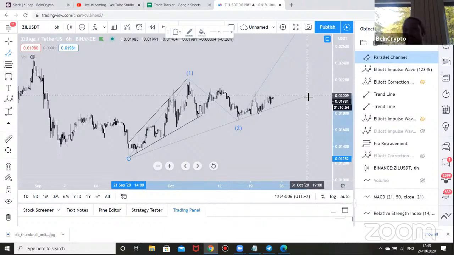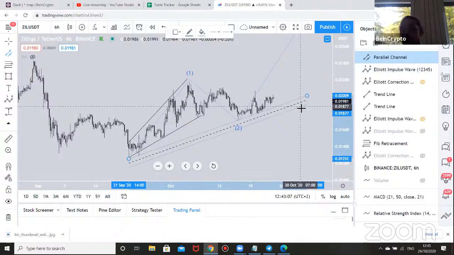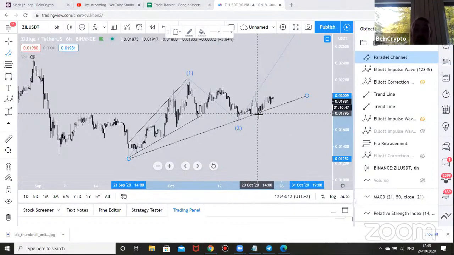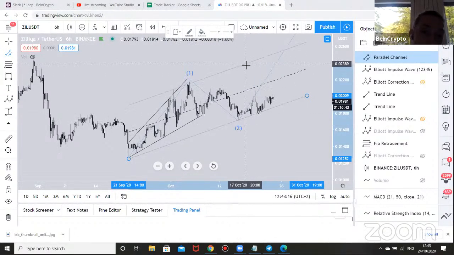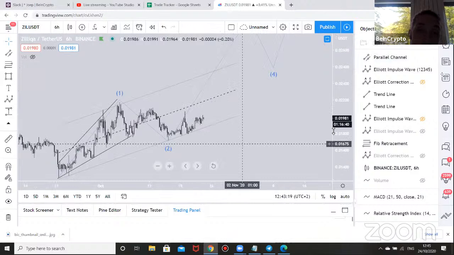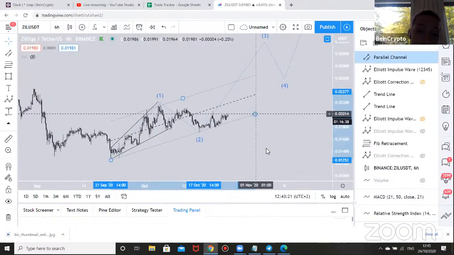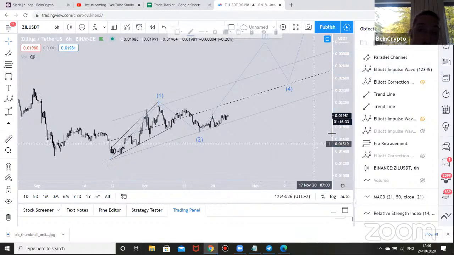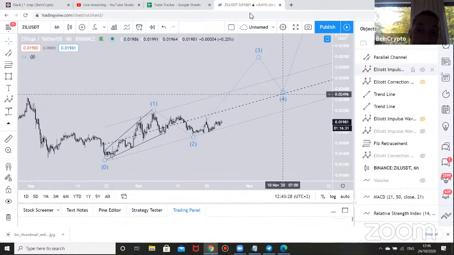As long as the price doesn't break down below this line here, I would expect the price to continue moving higher. And the highs would, I assume, be somewhere here. Now, again, extend this line here. I would expect wave 4 to fall down somewhere here.